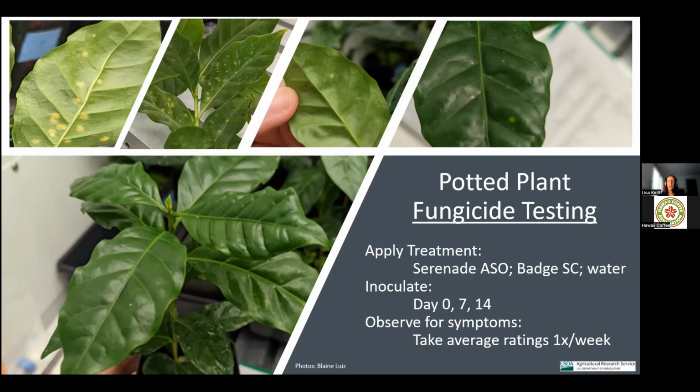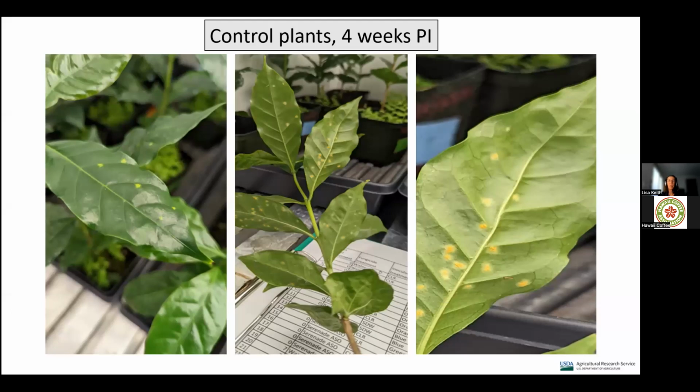What we would do is take healthy seedlings and apply the treatment, let the treatment dry, and then inoculate fresh spores onto these plants the same day the treatment occurred, 1 week and 2 weeks post. So how long do these products actually protect the surface of the leaves? Take the average rating, looking at symptom development, looking for signs, those spores of the pathogen, once a week. And here are some of the results.